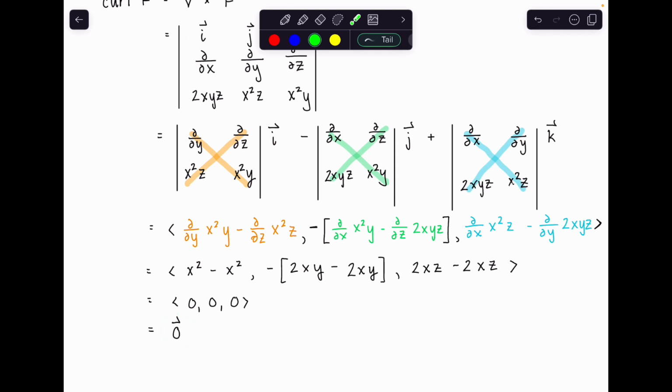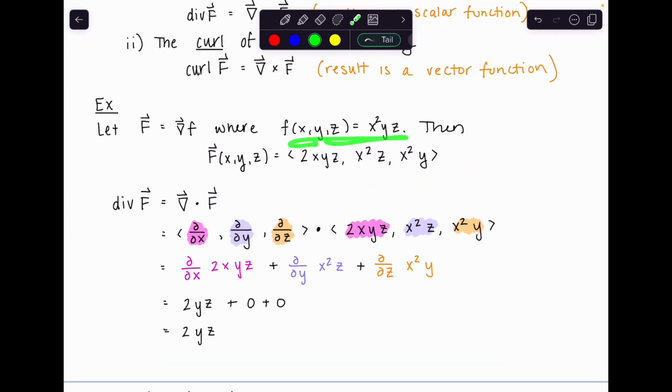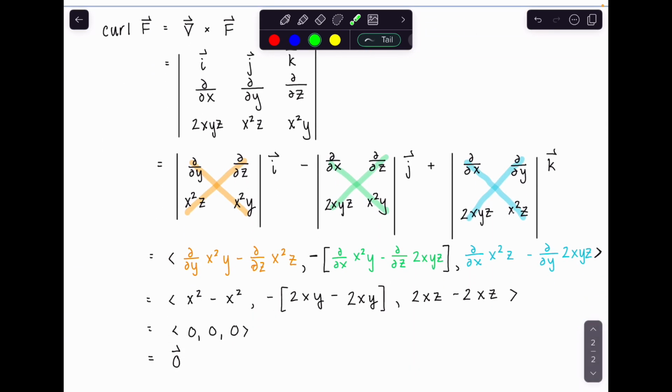Now, realistically, what ends up happening is because I started with a function and I found the gradient vector to figure out my vector field, this will always happen that the curl is equal to 0. So think about what it means if I'm finding a gradient vector. We know that represents a conservative vector field. So in the case of a line integral, I'm conserving energy.